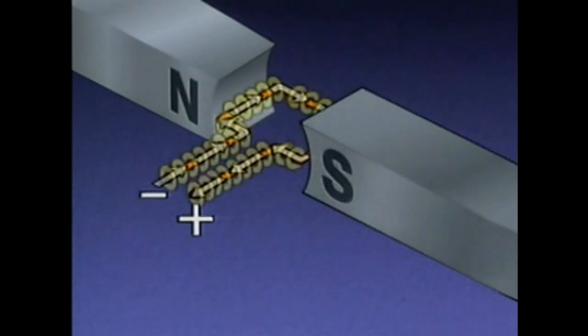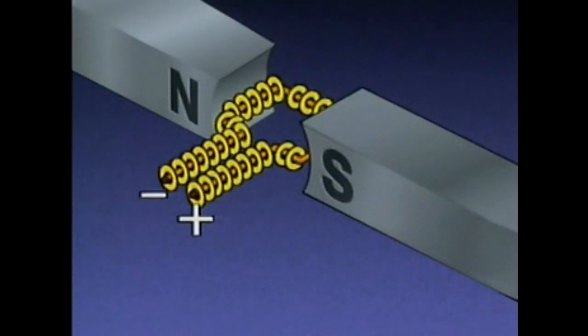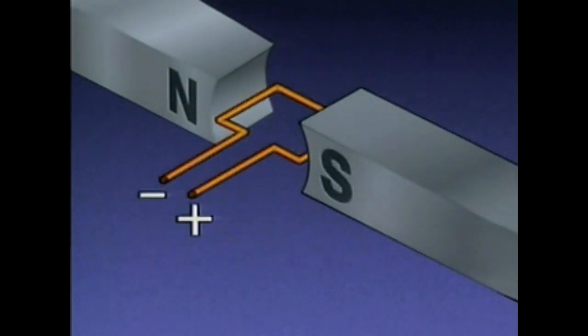The current flow produces magnetic lines of flux that are perpendicular to the loop. As a result of the magnetic field around the loop, magnetic poles are created. In this case, the poles are perpendicular to the loop. The North Pole is here, and the South Pole is here.